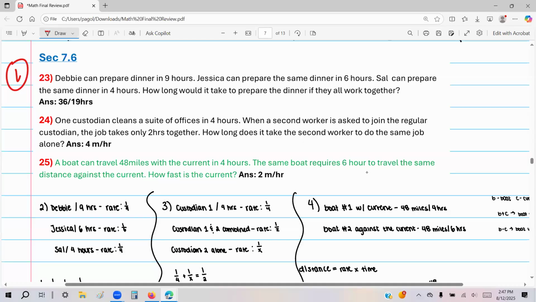Okay, what problem? Working together. So mostly they give you working together, but sometimes they give you the both problem.